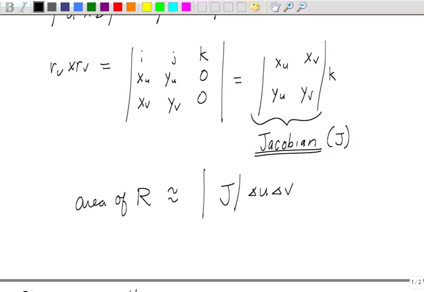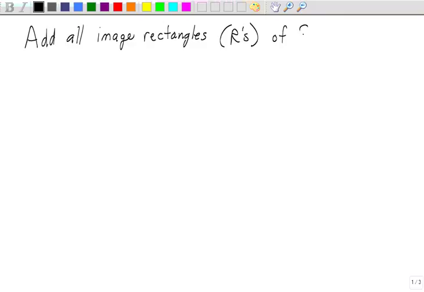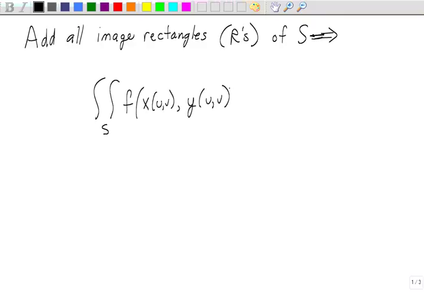Now you're going to add all those up, just like with Riemann sums. We're going to add the image rectangles, meaning all the R's of S, and take their limit, and we get the double integral over S of f of x(u, v), y(u, v), because x is a function of u and v, and y is a function of u and v, times the Jacobian du dv.